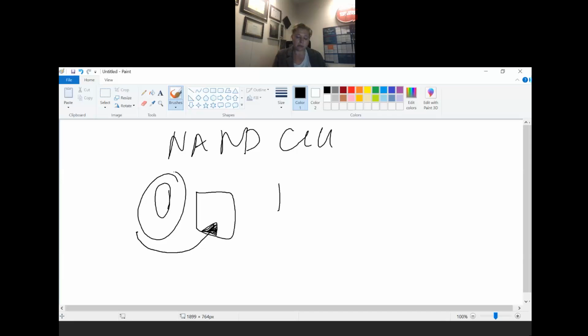So newer NAND cells can keep up to 3 bits of data at a time. And they can have conditions such as, oops, I was supposed to write 1, 1, 1. They have conditions such as 1, 1, 1, and 0, 0, 0.